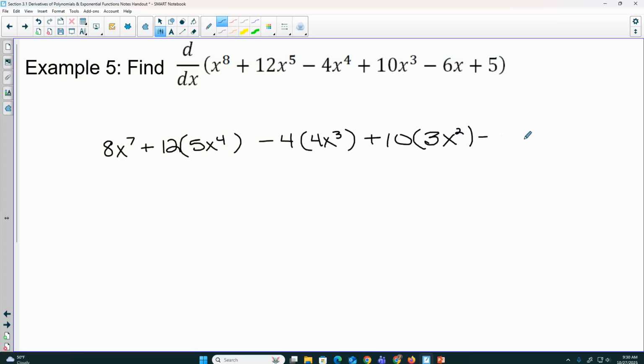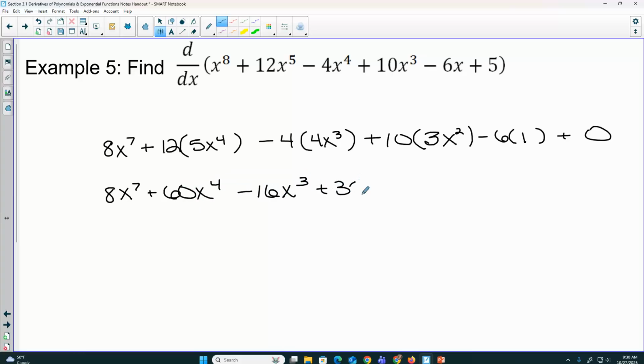Minus 6 times, what's the derivative of x? 1. Plus, what's the derivative of 5? 0. So you say 8x to the 7th, plus 60x to the 4th, minus 16x cubed, plus 30x squared, minus 6.